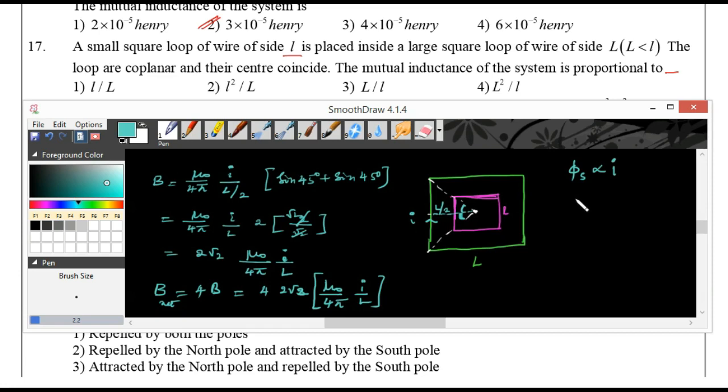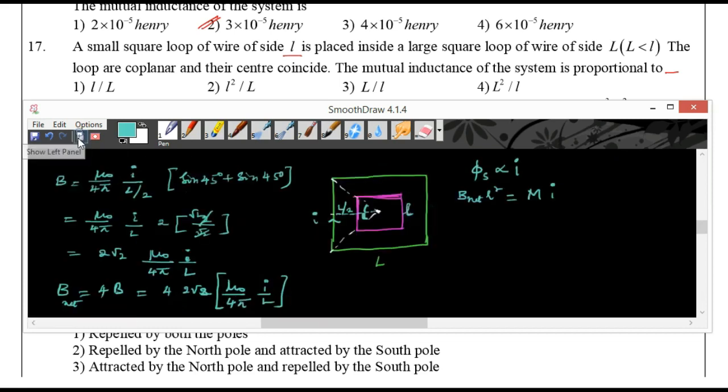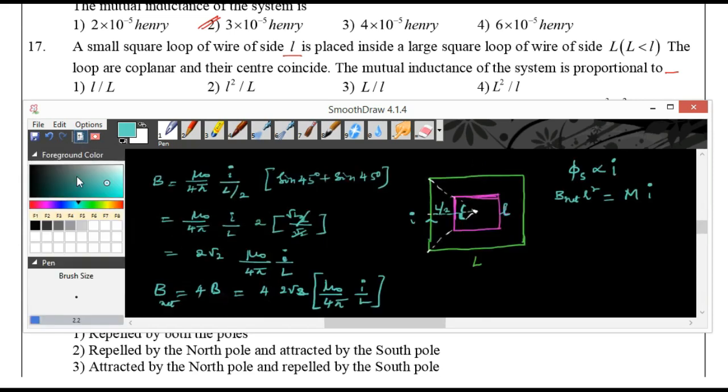So the flux in the smaller loop is B into A. Just write B net into A. A is this side is L, so this is B L square, is equal to mutual induction M into I.